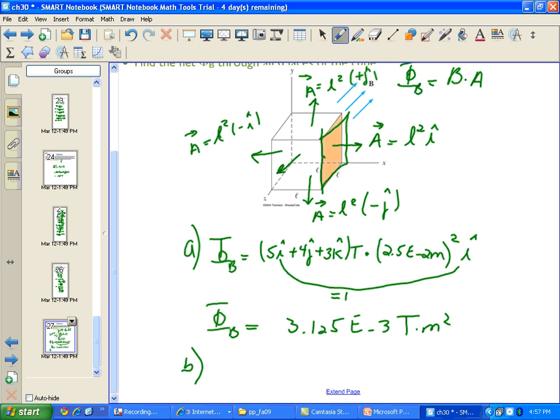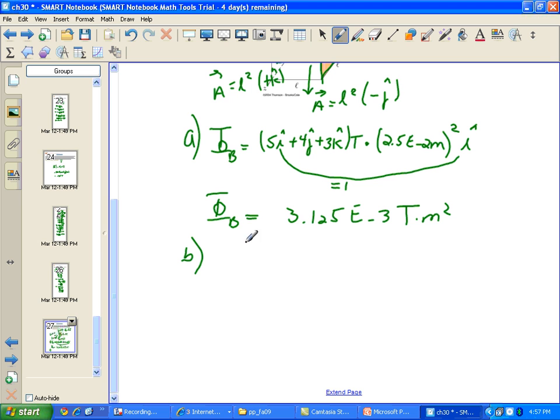For the front, you've got A equals L squared positive k hat, but then we have to add the back, which is in the negative k hat direction. The long and the short of it is that when you add up all the terms, this is a positive flux because it was i hat dot i hat.